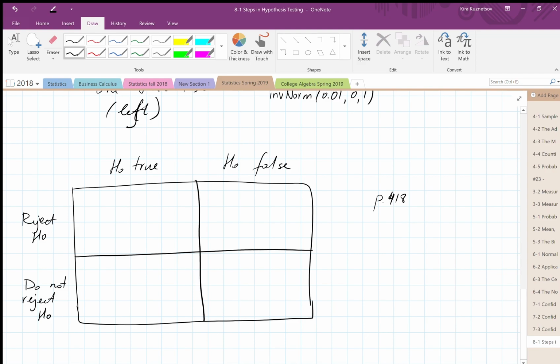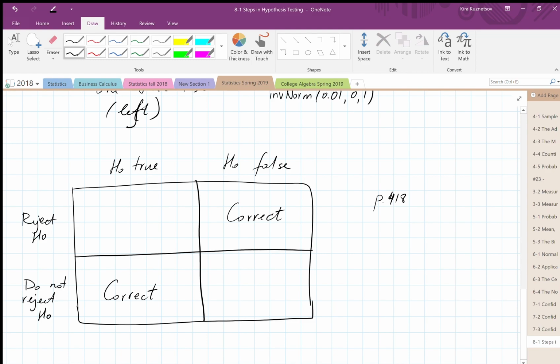When in fact the null hypothesis is false and you reject it, you're making a correct decision. If the null hypothesis is true and you do not reject it, you again make a correct decision.